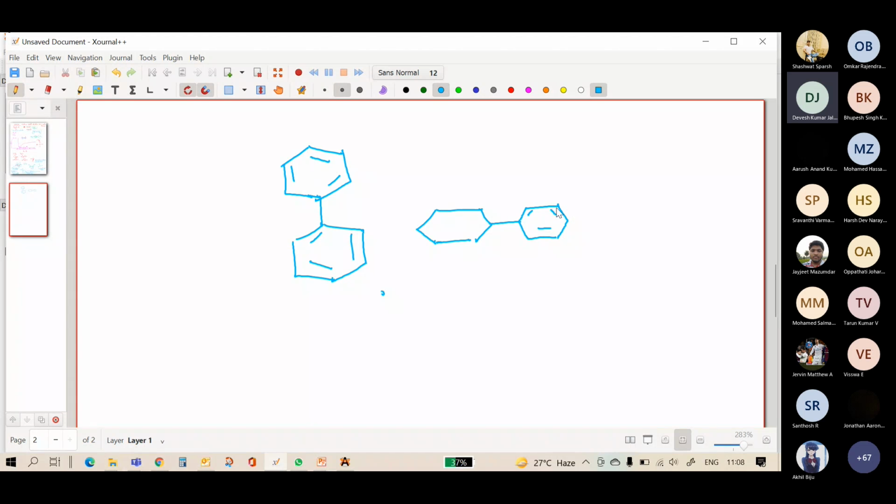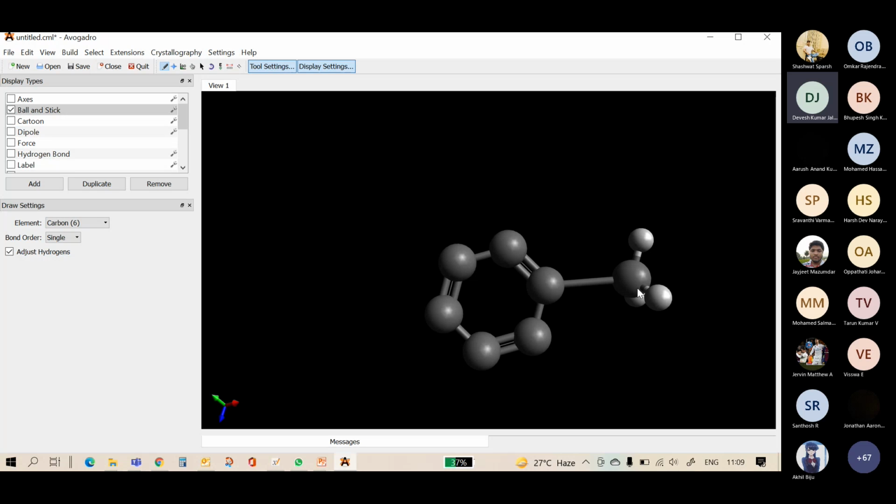This one is in the plane of the display, and this one is perpendicular. So this part is protruding out, and this part is on the other side. So they are at right angles. The plane of this molecule and the plane of this molecule are at right angles. So these are some conformations. So we can verify whether such a thing can happen here.